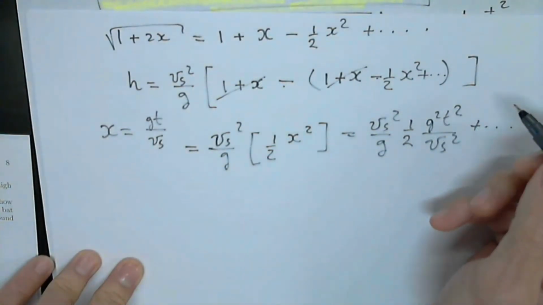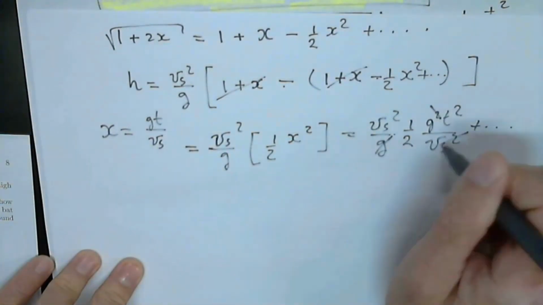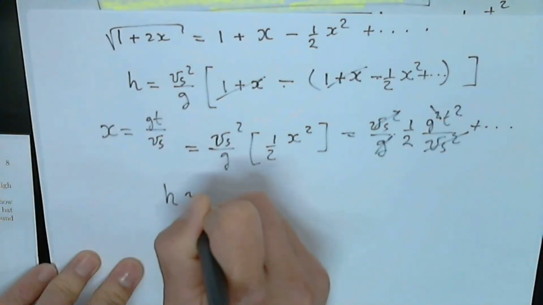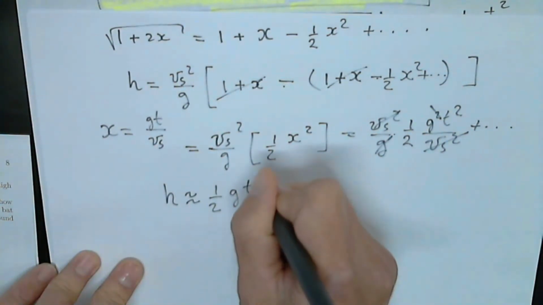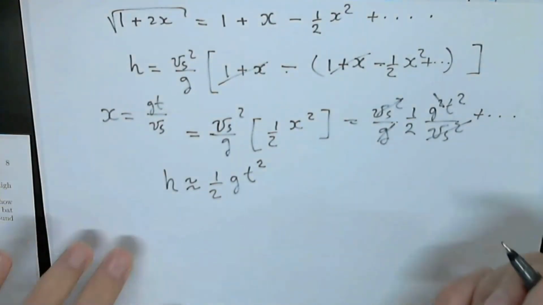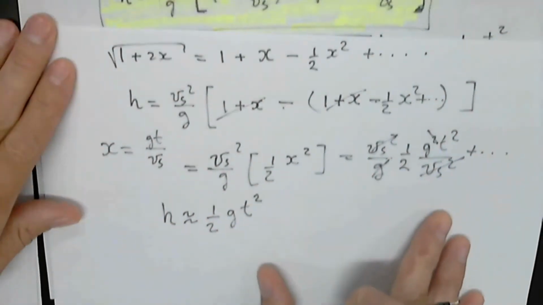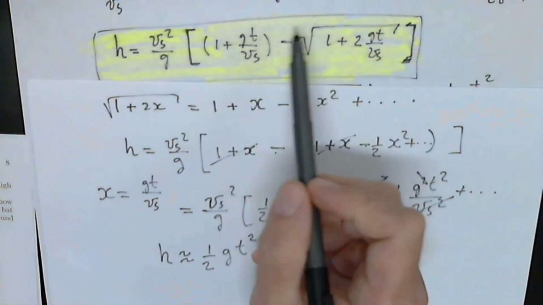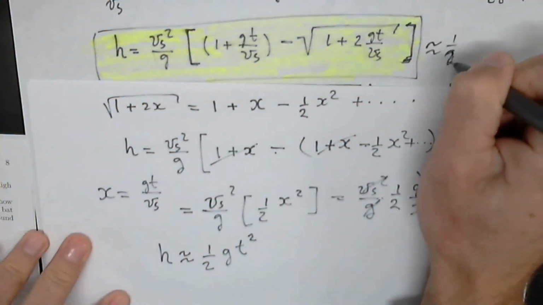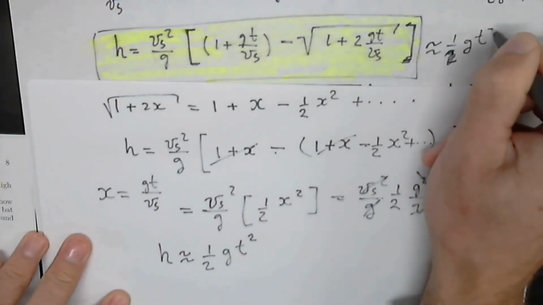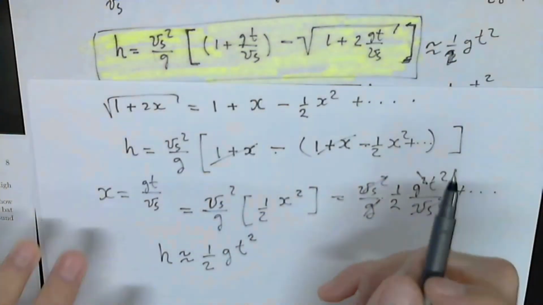So this cancels, and h in this approximation is what to expect, 1/2 gt squared, which it doesn't look like this equation is, because you have this speed of sound term everywhere.